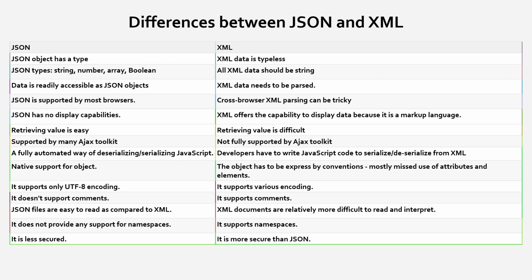In the case of JSON, retrieving values is easy. Retrieving values is difficult for XML. JavaScript object notation supports many Ajax toolkits.